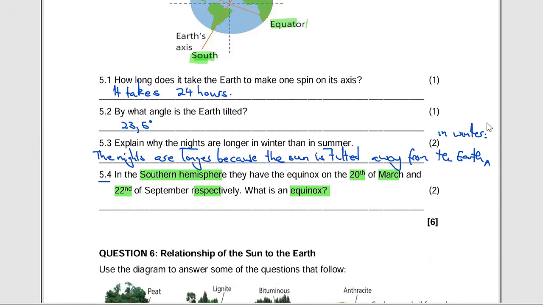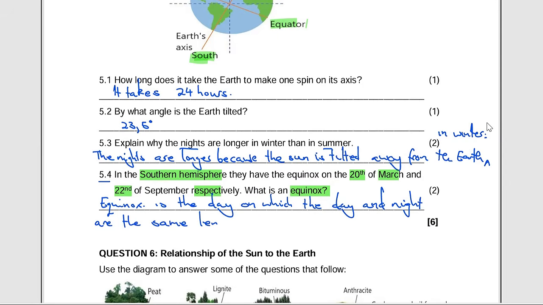An equinox is the day on which the day and night are the same length. So it means we have equal day as well as night in terms of hours.